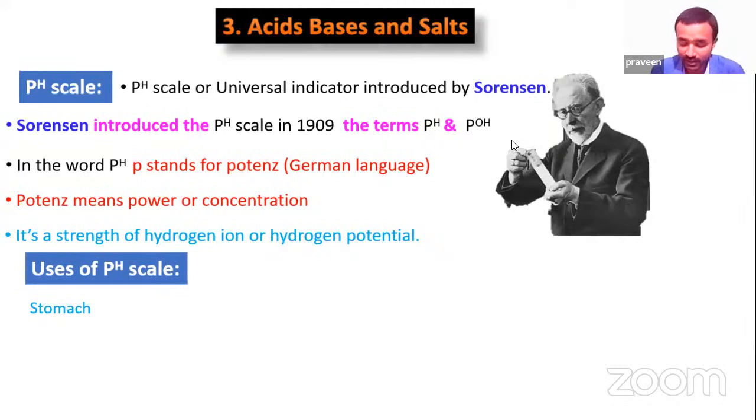Biologically, we can call it gastric juice that is released in our stomach. So that pH is important in our stomach to maintain. If that pH slightly changes, what happens? Problems, acidity, ulcer, right? So that is important.